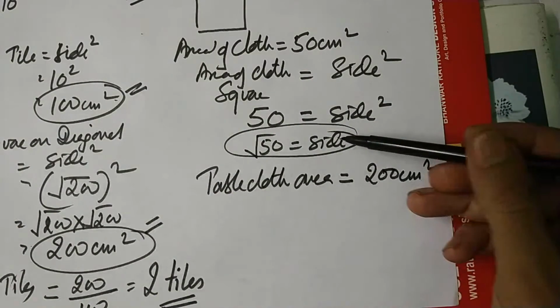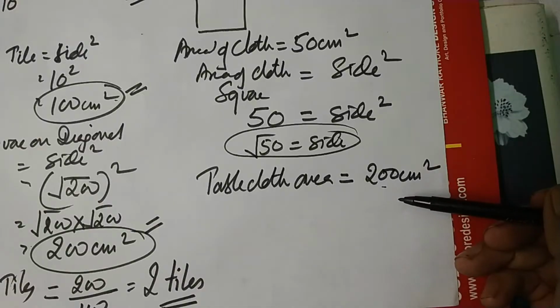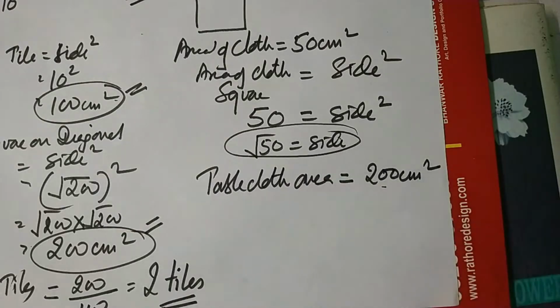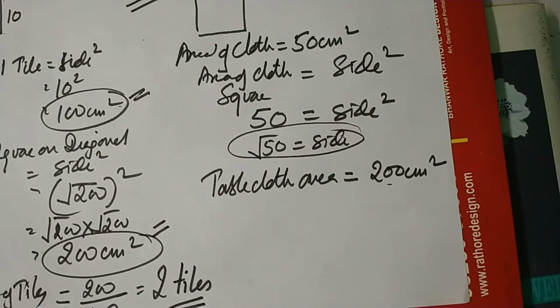How many times should she apply the Pythagoras theorem doubling method to get this? How many times should she apply this to get the answer 200?